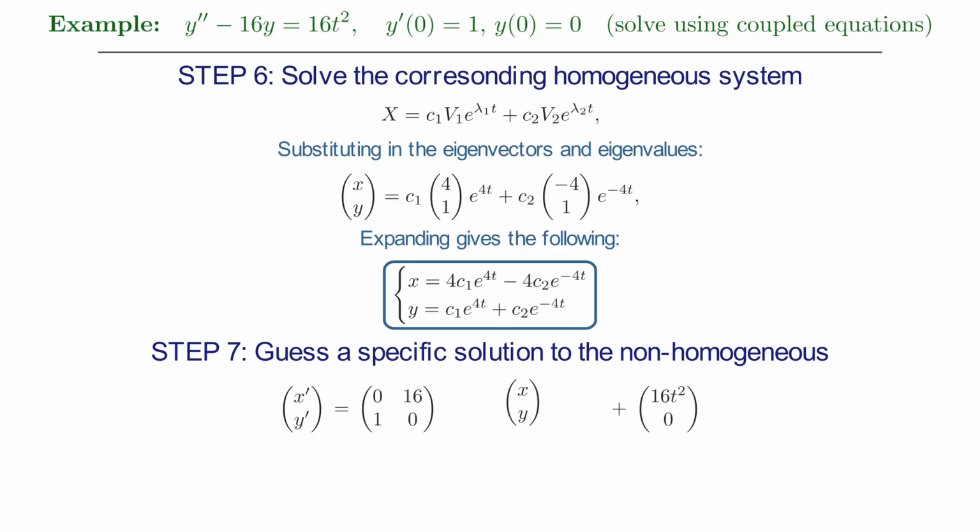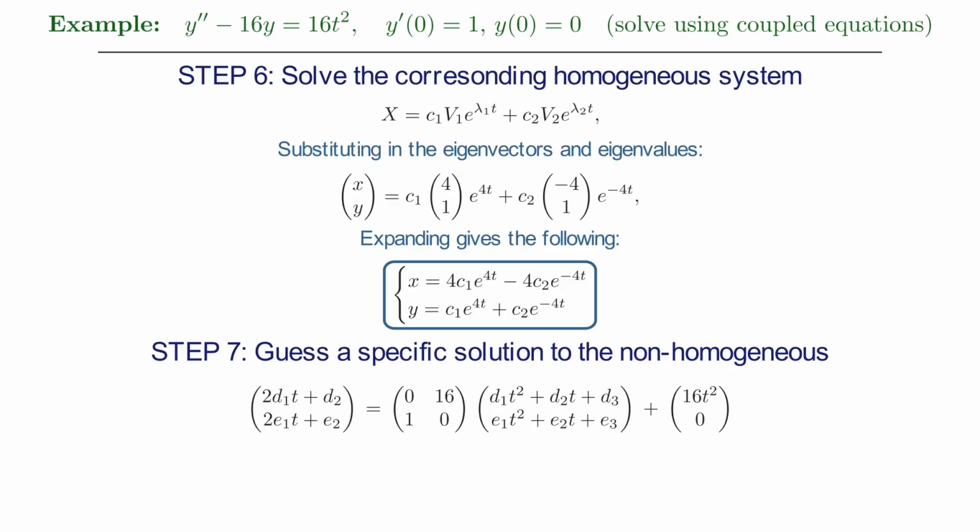So we let x be d1t squared plus d2t plus d3. And we let y also be quadratic, so it becomes e1t squared plus e2t plus e3. Then we take x prime and y prime to be the derivatives of these. So x prime becomes 2d1t plus d2, and y prime becomes 2e1t plus e2.